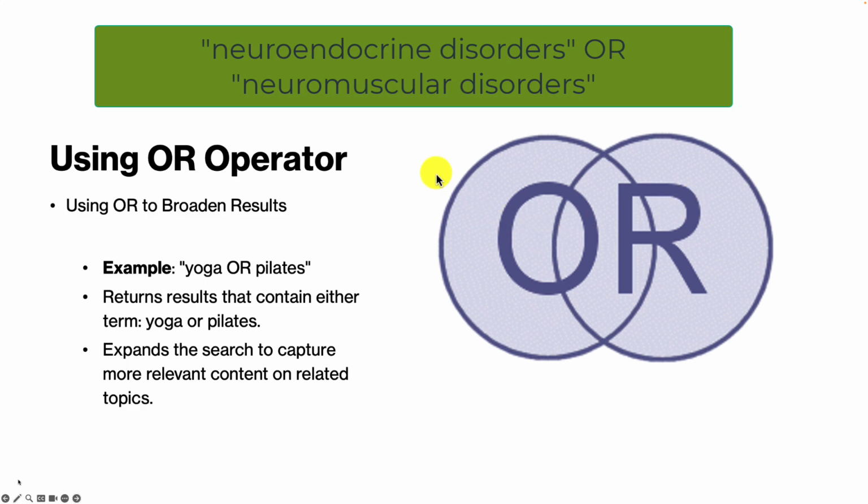If I were to use my example of neuromuscular disorders or neuroendocrine disorders, that's going to give me all of the papers that mention neuromuscular, and all of the papers that mention neuroendocrine disorders. Keep in mind, that's going to give you a very, very, very expansive list of papers you'll have to sift through. I don't use this one too much because it expands the search so much that it takes you forever to find things that are actually relevant to you.